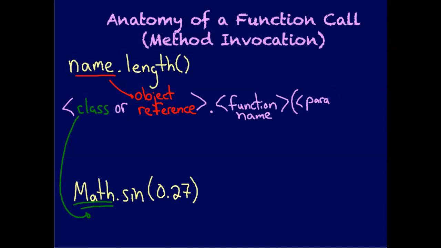Because the things that are in the parentheses in the function call are the actual arguments, not the parameters. So we've got arguments here to the function, which of course fill in the parameters that are declared when we created the function. And so this is the general anatomy of a function call or a method invocation. And so if it's a class, that's a static method that we're calling. If it's an object reference, it's a non-static method.